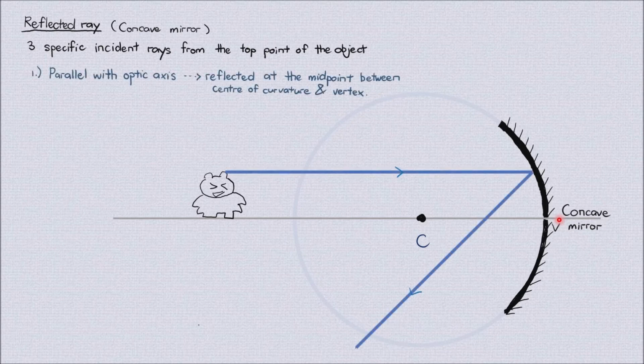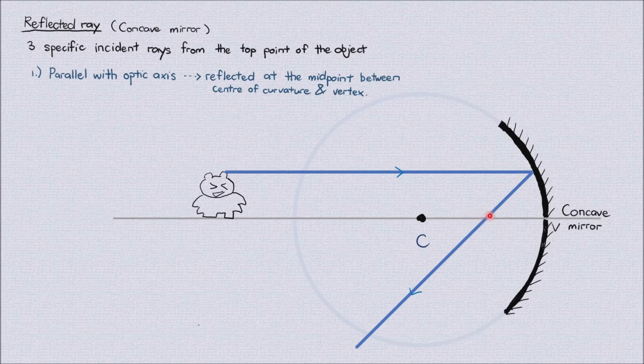The first ray will be the ray which is coming parallel with the optic axis. We know that this gray line over here represents the optic axis. So if our ray is coming in with a direction which is parallel to this optic axis, we will know that the reflected ray will be directed towards the midpoint between the center of curvature and the vertex.